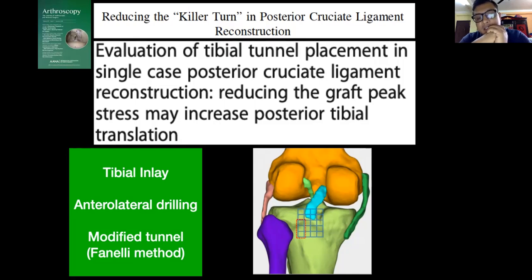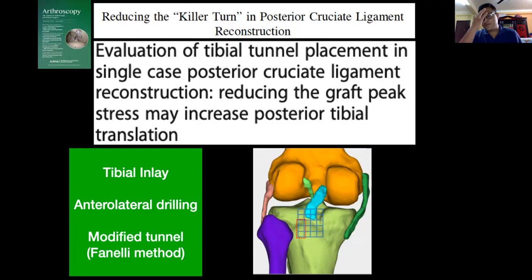And there is a technique of modified tunnel placement, in which the tunnel is not placed in the anatomical location but more posteriorly and more laterally, so that the killer turn effect is decreased. Having said all that, the clinical effects of the killer turn are not so seen in our practice.